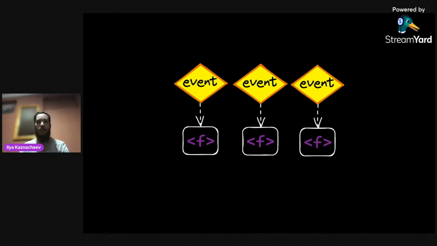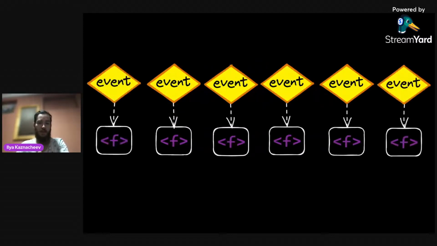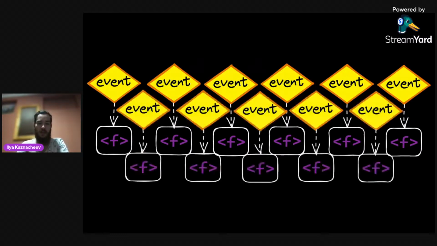And the nice idea behind cloud functions is that it auto-scales magically and very, very fast. So depending on how many events are happening during the time frame, it will spawn more and more functions. So if you have more events, more functions will be started.